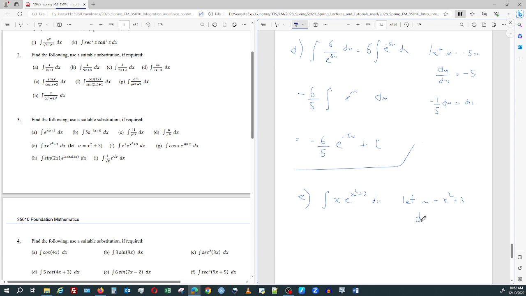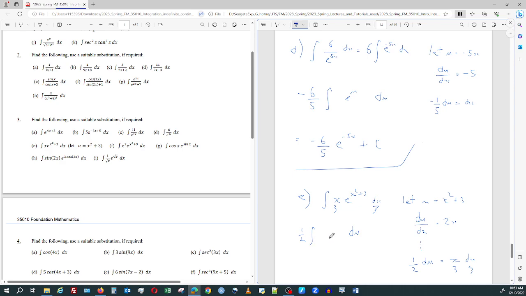The du dx is going to be 2x. After a little bit of manipulation, now there's no x, we get the dx. So a bit of manipulation, we're going to get a half du is equal to x dx. Now they're the substantive substitutions. Are you there? Yep. So these are getting knocked off and replaced by du and a half.